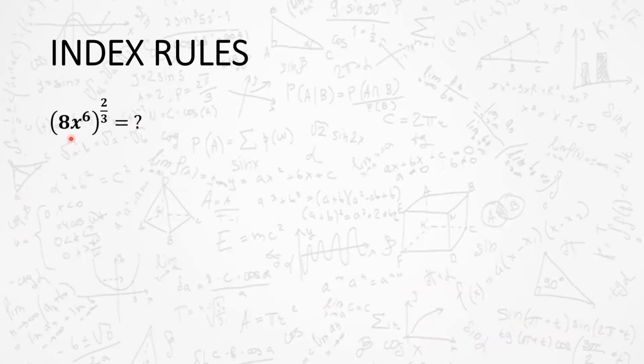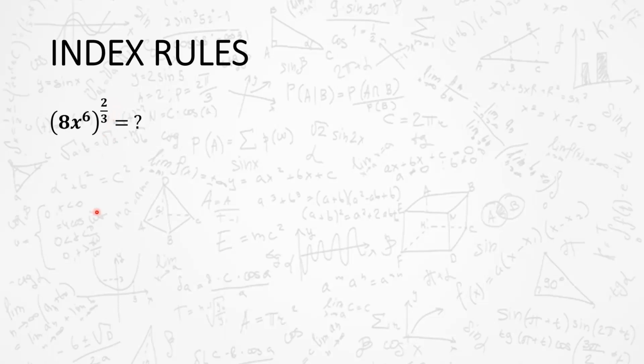Okay, here we have a combination of numbers and letters. 8x to the power 6, all to the power 2 over 3. So the power 6 only applies to x. We can look at the fractional index separately, i.e. look at the numerator and denominator separately.